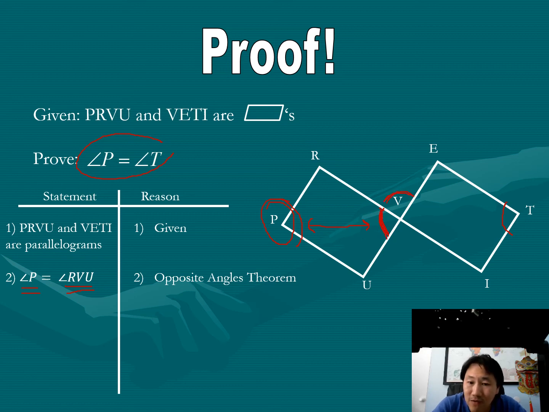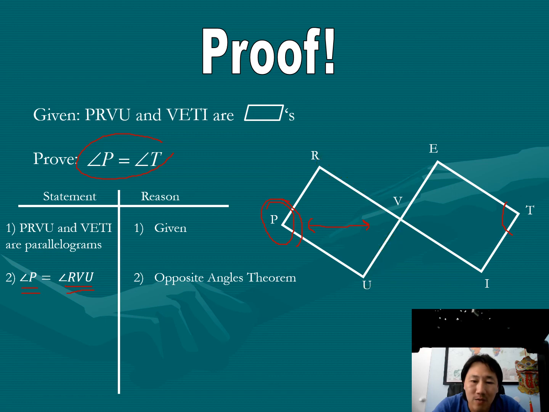Is this angle V? Is this angle V? There's too many angle V choices. So when there's too many choices, you have to use 3 letters to be more specific. And I used R, V, U. So notice how I drew in the angle. The way you draw in your angle is the way you name the angle.